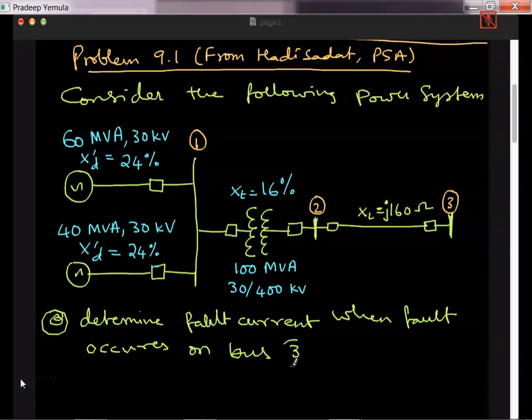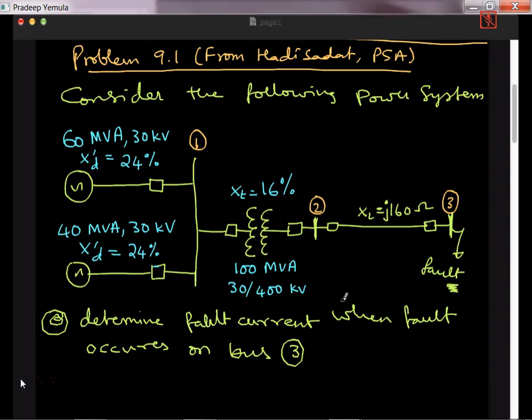Okay. So the fault has occurred on bus 3 here. So at the time, what are the fault currents? So that is the question.